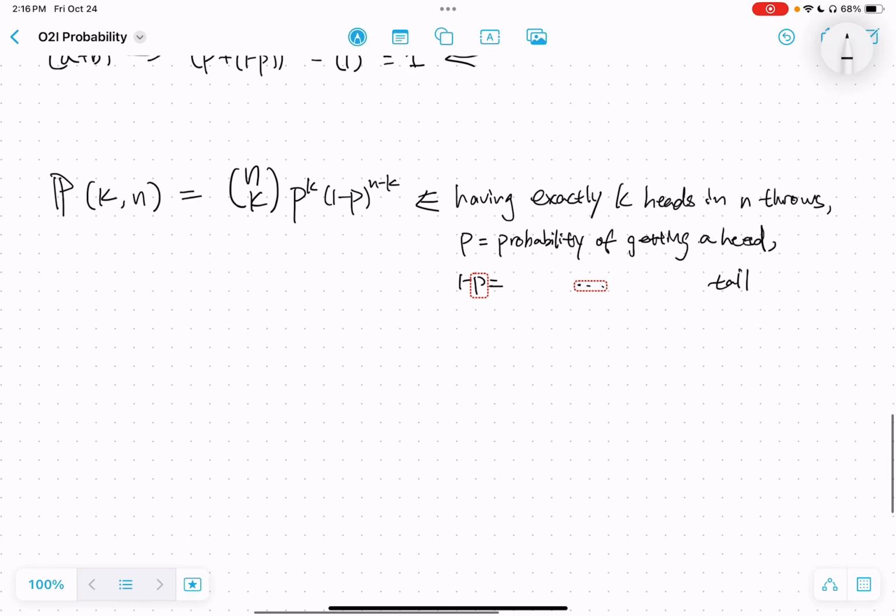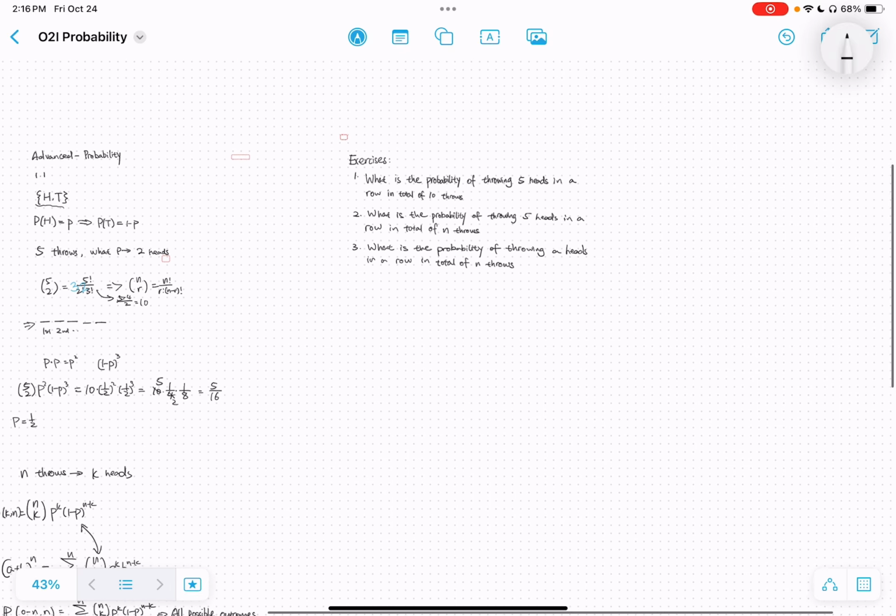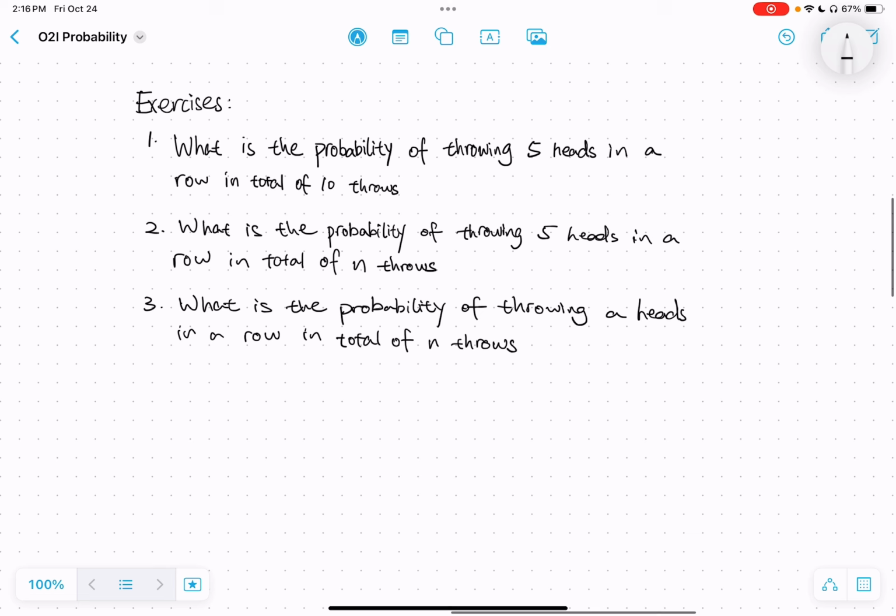Okay, so this is the formula today, and we actually have several exercises for you. Those three start with 1, and then 2 and 3 are more general versions of 1. So first, find the probability of throwing 5 heads in a row in a total of 10 throws.